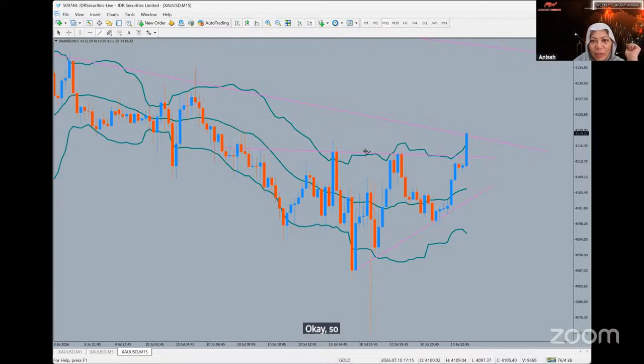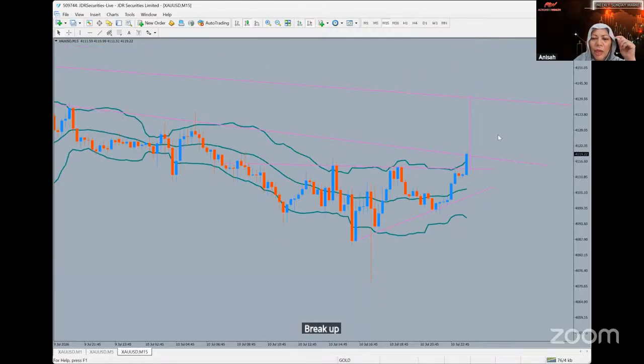For an inverted head and shoulder, we measure the height from the neckline to the base, and then we place it where the breakout is. So the breakout is here, which is 4140.52.